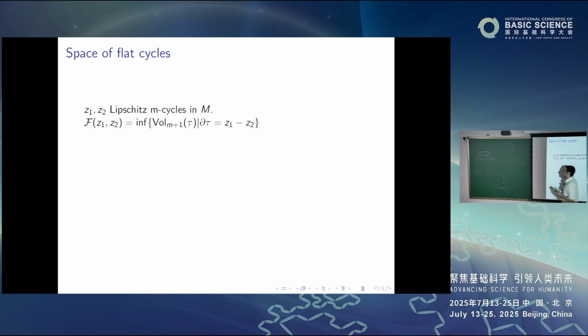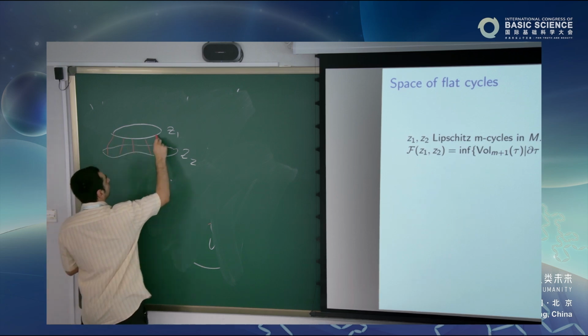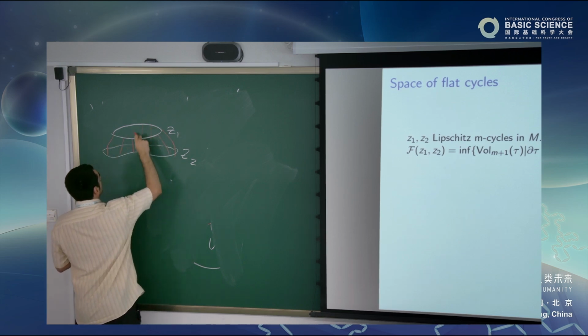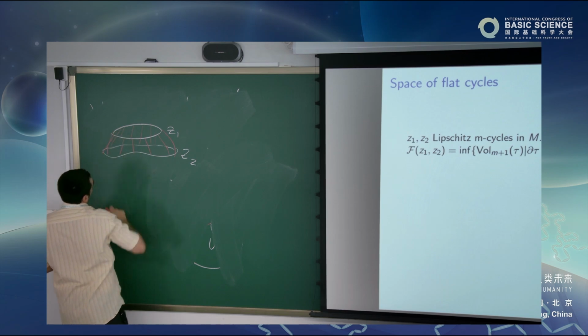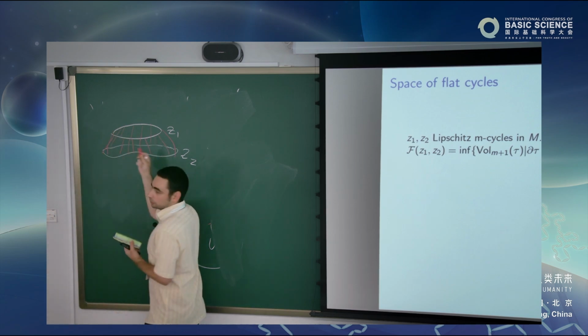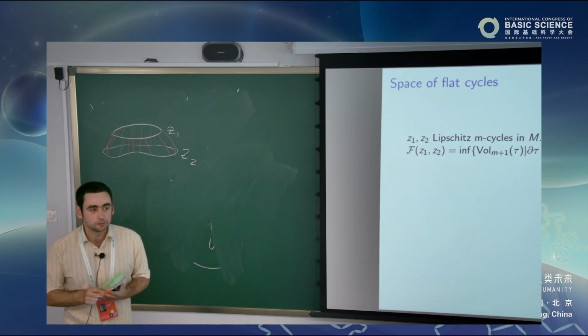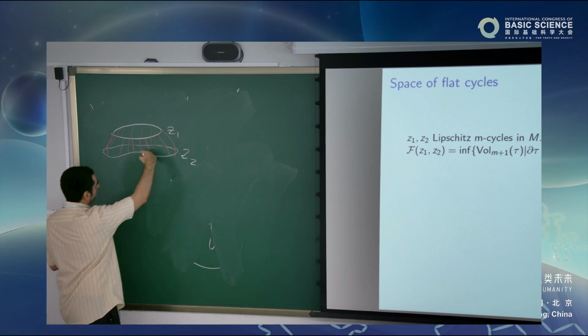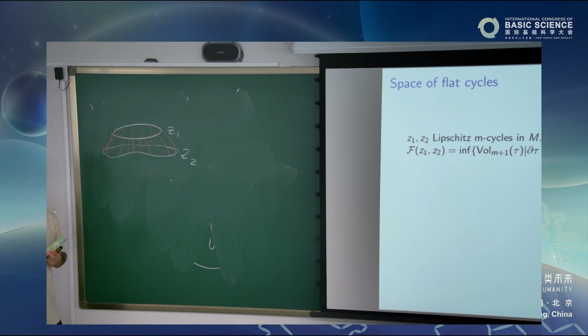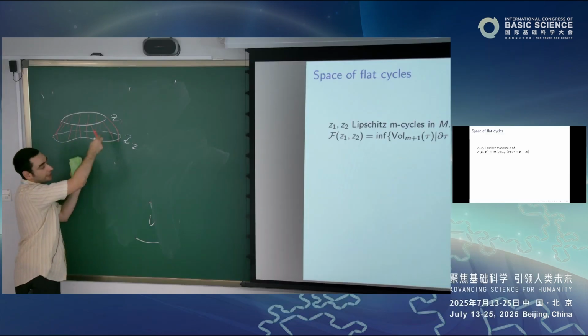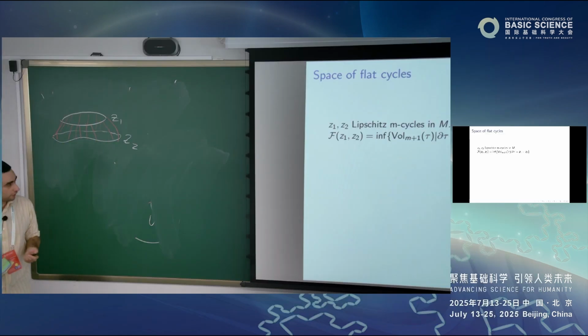If you have one cycle and another cycle, then you consider them to be close to each other if there is an (m+1)-dimensional chain whose boundary is the difference between these two cycles. And if you can find a chain whose volume is small, then these two cycles are close to each other.